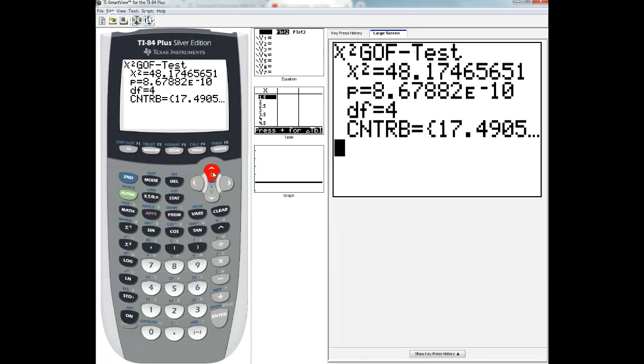One other thing that you have here is if you scroll to the left or right, you'll see this 17. So there's 5 contributions to the chi-squared value. These are not needed in a 4-step, okay? Because the contributions would kind of tell you where the bulk of that chi-squared value is coming from.